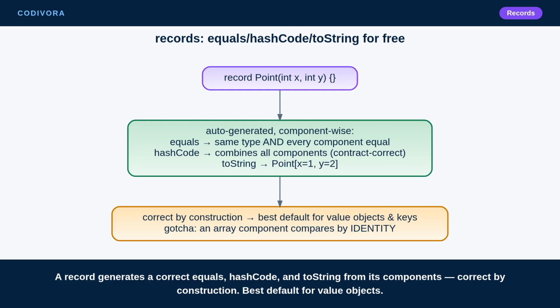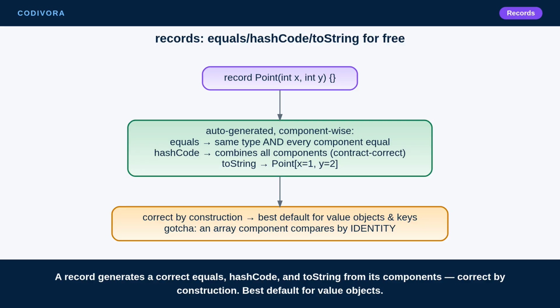And a modern shortcut that ends this whole bug class. Declare a record, Point of x and y, and the compiler generates equals, hashCode, and toString for you, all from the components you named. Equals is true when the type matches and every component is equal. hashCode combines all components and is automatically consistent with equals.